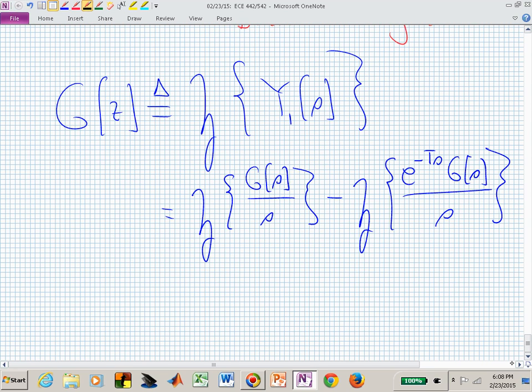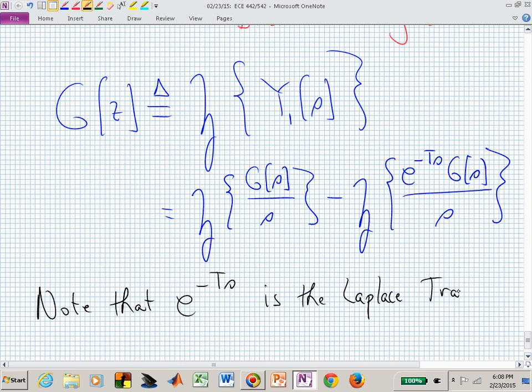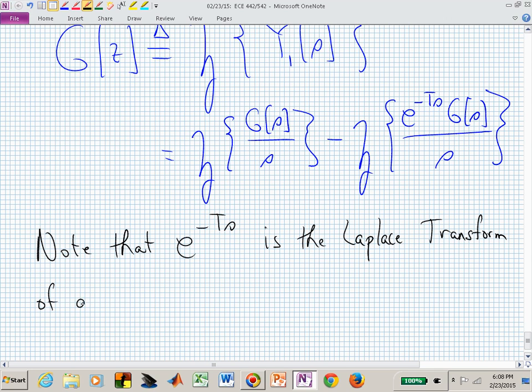Now we can invoke what we know e to the minus capital TS represents in the Z domain, since it's going to be Z-transformed. e to the minus capital TS is the Laplace transform of a delay of capital T seconds.